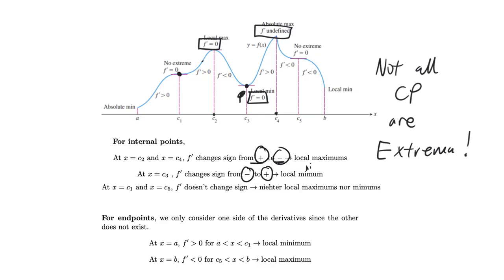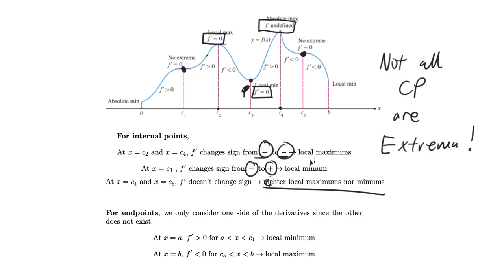Here, for example, f prime is equal to 0. It is a critical point. But before it, it's increasing, and after it, it's still increasing. It's just taking a pause, so it would be neither a minimum nor a maximum. So these are two cases where not all critical points are extrema.